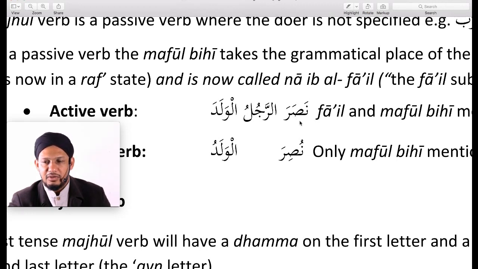Nasara is a ma'loom verb, which means the doer is known. So if I have nasara, I must find who did the action, because nasara means helped. I must find who helped. You with me? If I want to find who helped, I have to look at the end. If I don't see it there, I must look to the left, and there I found ar-rajulu helped. If I didn't find it there, it must be inside. It would have been a he helped. But here it is, the man helped the boy.